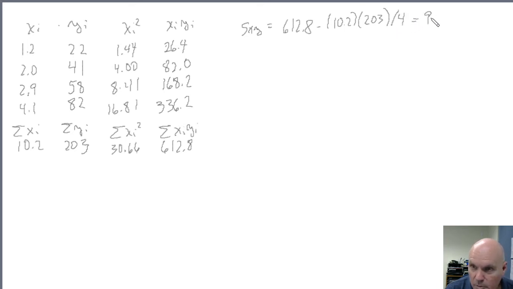That turns out to be 95.15. Similarly, Sxx is the sum of the xi squared terms, 30.66, minus the sum of the xi squared, divided by 4, and this turns out to be 4.65.